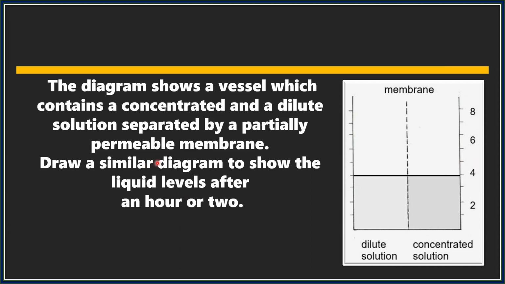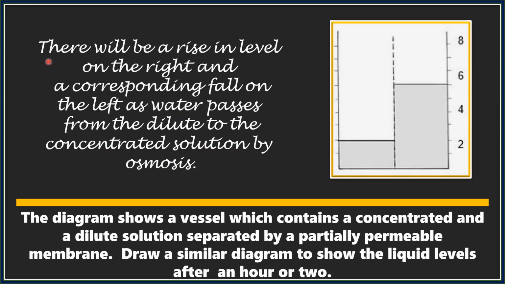So they want us to draw similar diagrams to show the liquid level after an hour or two. You can pause and first draw. There will be a rise in the level on the right and corresponding fall on the left as water passes from the dilute to a concentrated solution by osmosis.